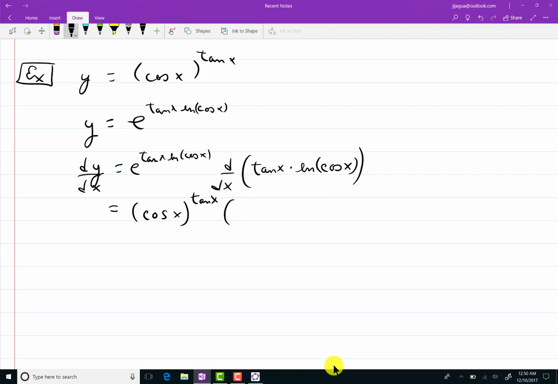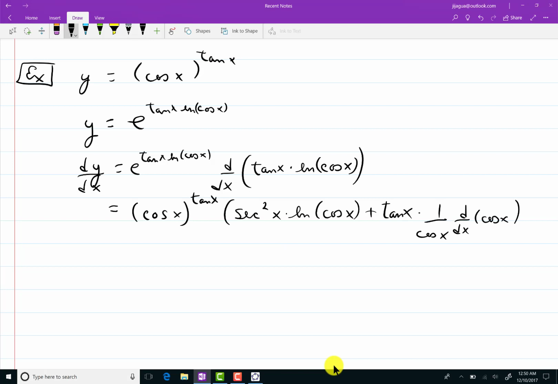So the derivative of tangent is secant squared x, leave ln cosine of x alone, plus tangent of x times the derivative of ln cosine of x. So I'm going to get 1 over cosine of x, but I have to multiply by the derivative of the inner function, which was cosine of x.